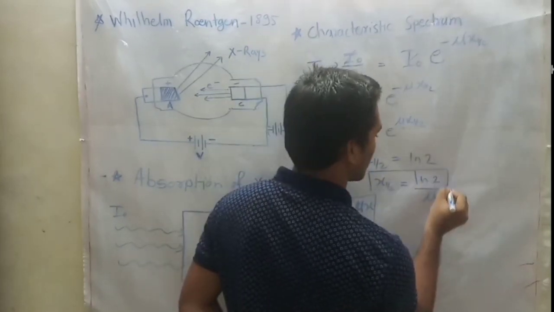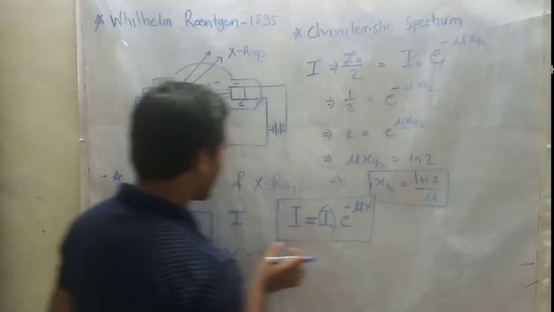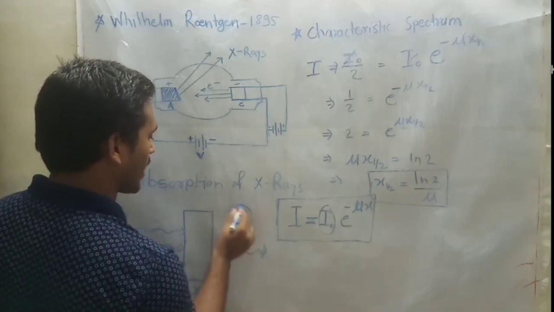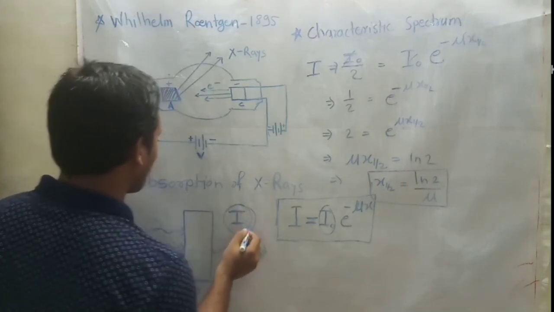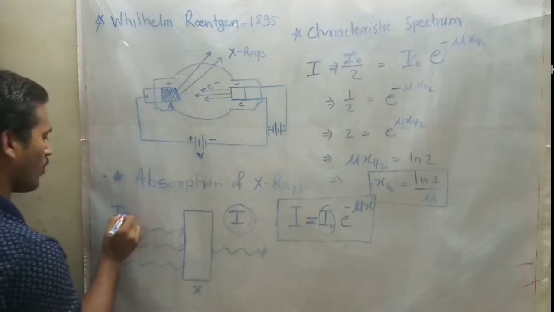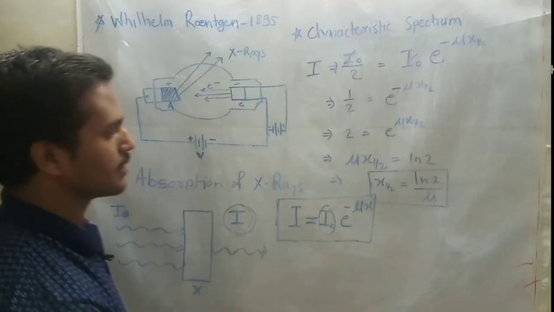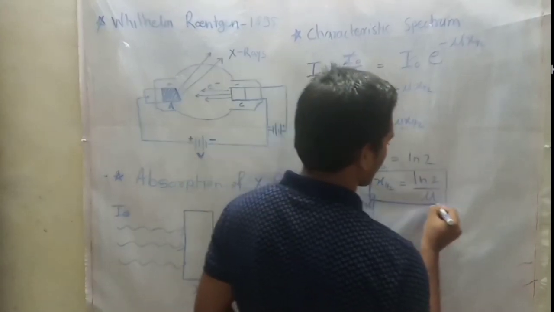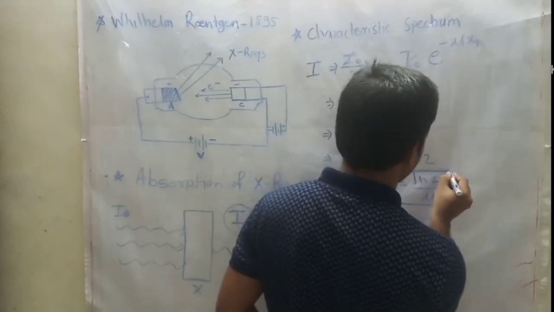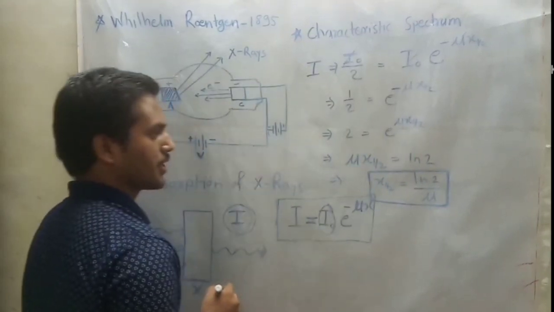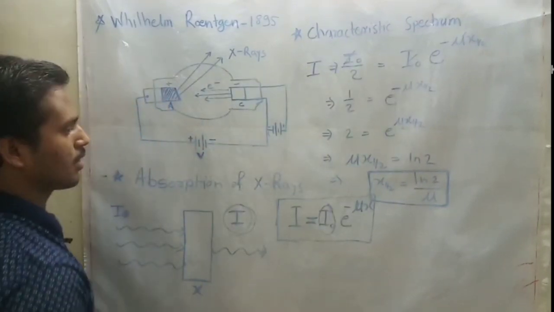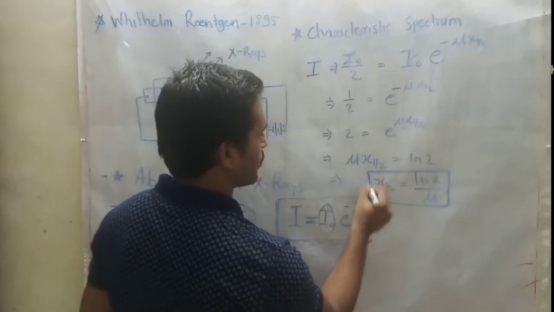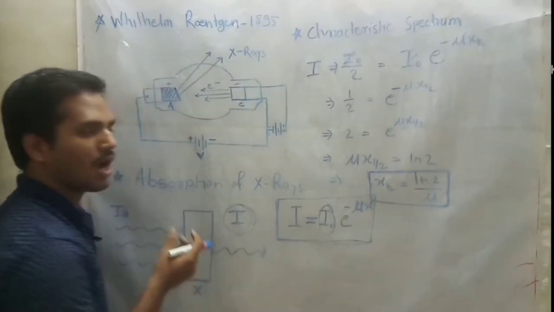This is the formula for the width of the sample when the transmitted intensity is equal to half of the incident intensity. Remember this formula here, and this width is also known as the half width.